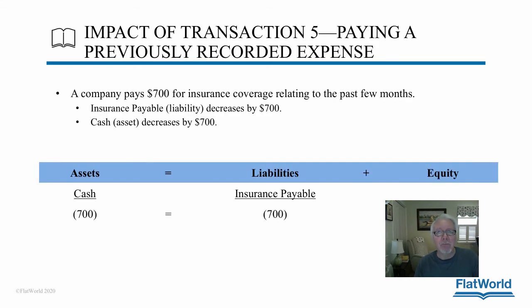Bear with me, please. Okay, now, what if you recorded an expense previously? Previously you've paid an expense. If a company pays $700 for insurance and it relates to the past few months, you got to think about this one now. We've expended the money, but we haven't paid for it yet.